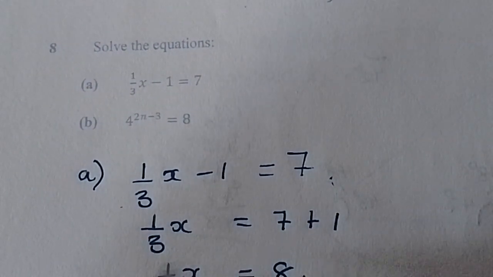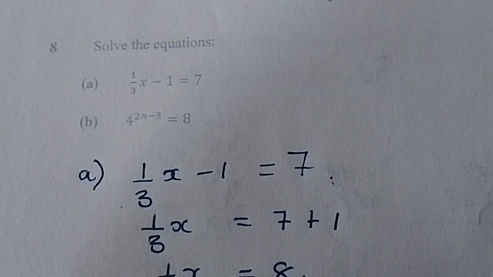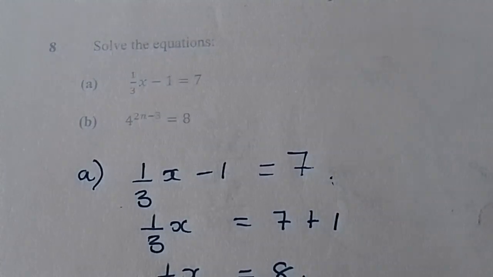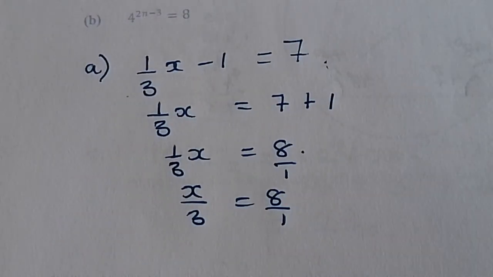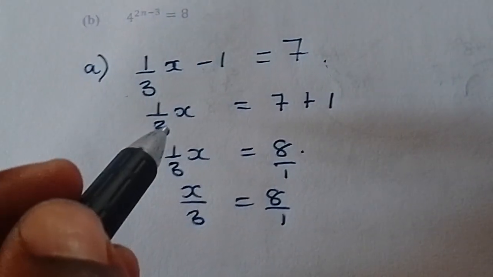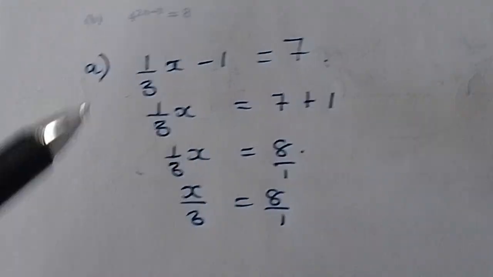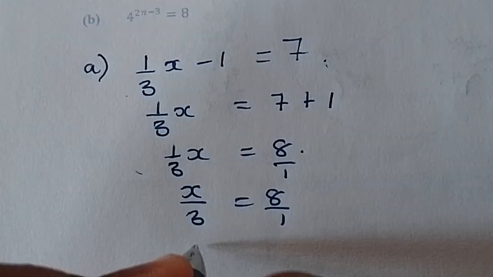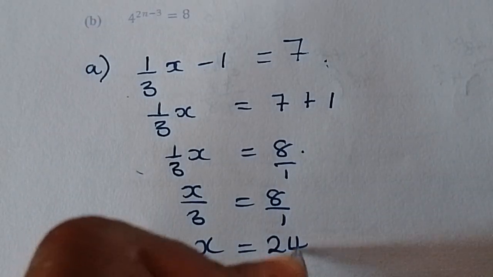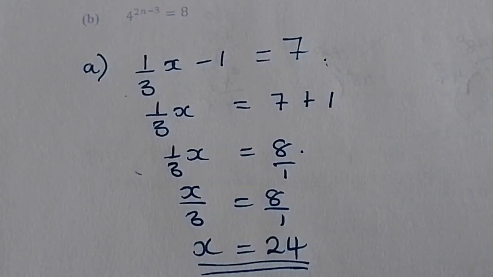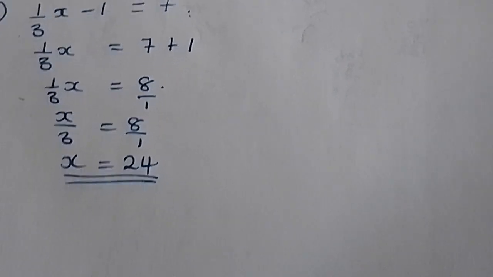We now cross multiply. This is the same as x over 3 is equal to 8 over 1. Some may confuse 1/3 x with 1 over 3x. Cross multiplying, we now have x is equal to 24. So our x is 24.